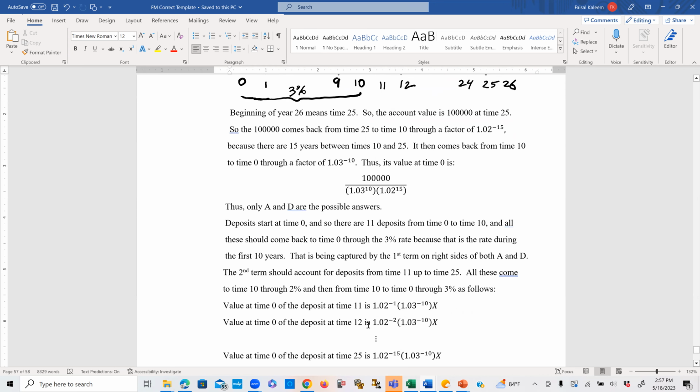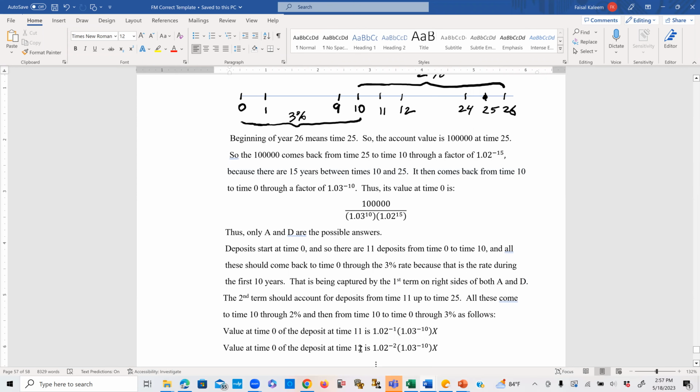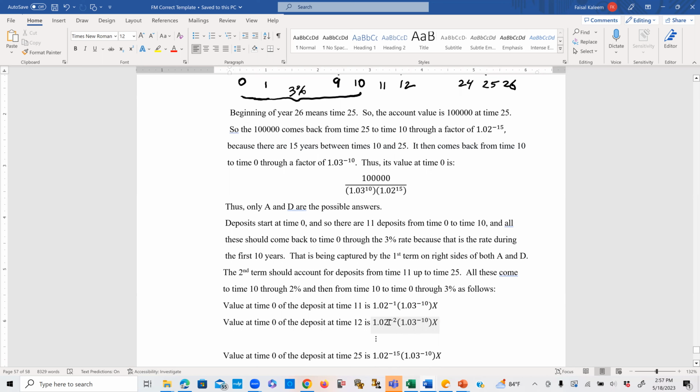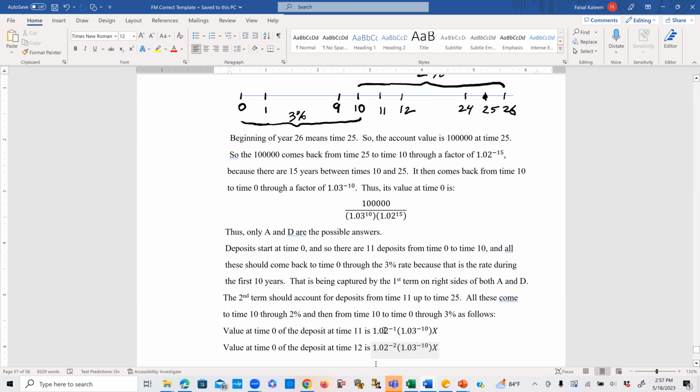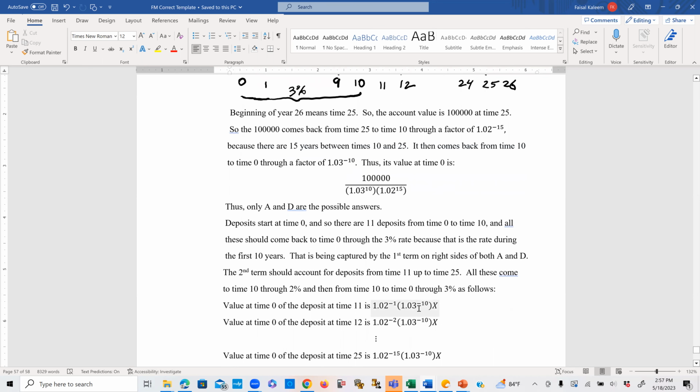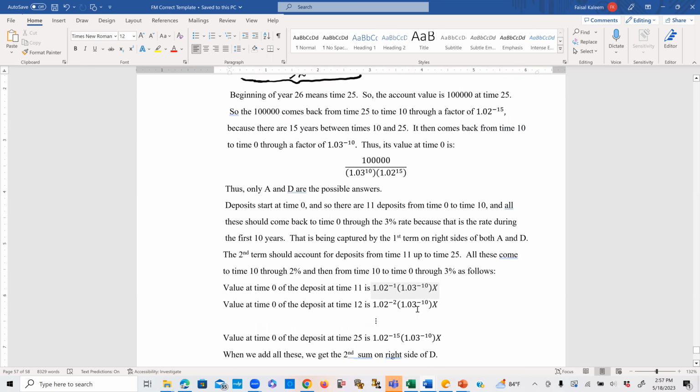And similarly, the next one, which is happening at time 12 over here, comes from 12 to 10 through 2 discount factors of 1.02. So 1.02 to the negative 2 makes it from 12 to 10. And then again, from 10 to 0, it'd be 1.03 to the negative 10, and so on.